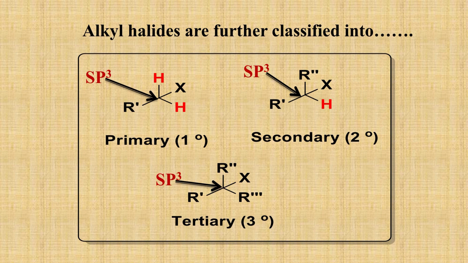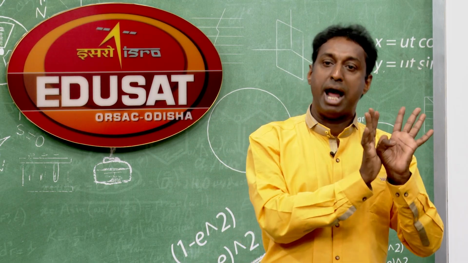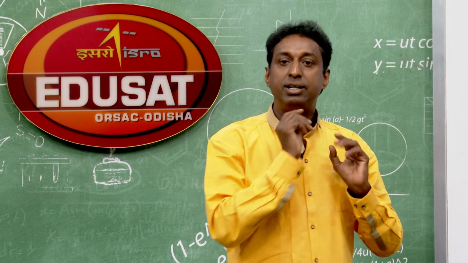Similarly, if the sp3 hybridized carbon to which halogen is attached is further attached to two carbons, then it is called secondary. And similarly, if the carbon is attached to three more carbons and then to halogen, it is called tertiary. In the model also I can show you what is primary, secondary and tertiary.